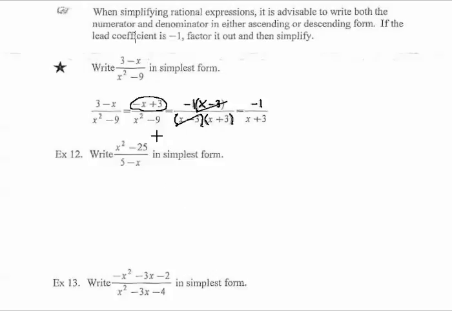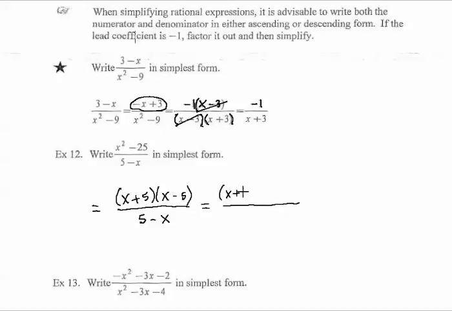Okay. So, example 12, the top would factor as an x plus 5 and an x minus 5. And now we see the bottom is 5 minus x. It's backwards from this factor here of x minus 5 on the top. So what we're going to do, we keep the top the same, the bottom is the problem.